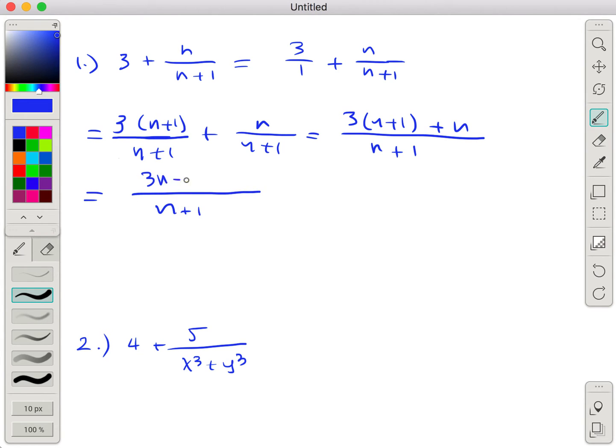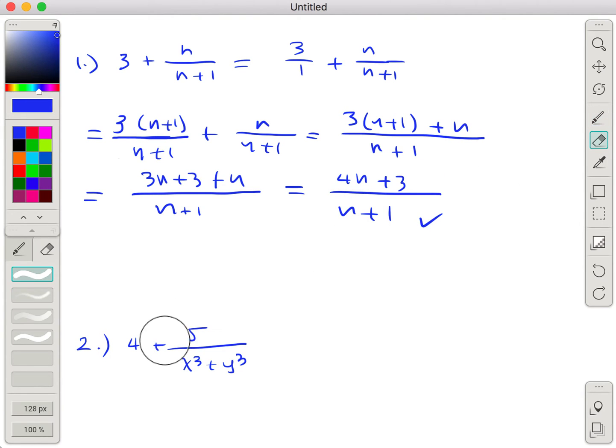So, 3n plus 3. And then, we have a plus n here. Meaning, we have 3n tsaka n, addition, that's 4n, and then plus 3 over n plus 1. So, ito na yung pinaka-final answer natin. Hindi natin siya pwedeng i-simplify.